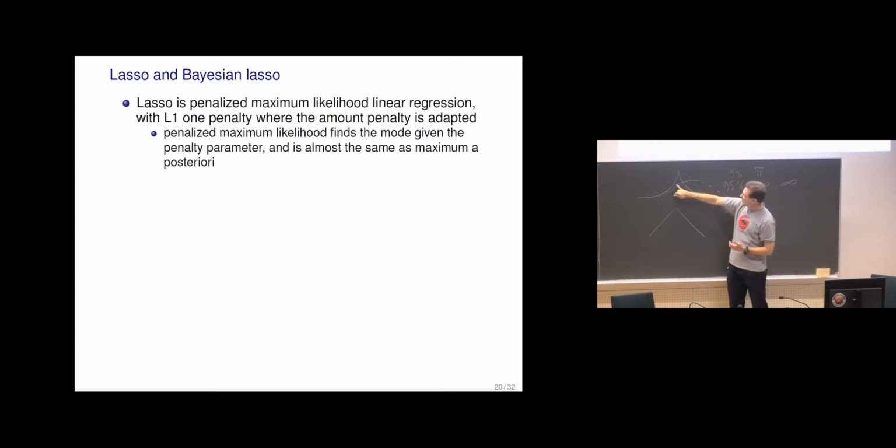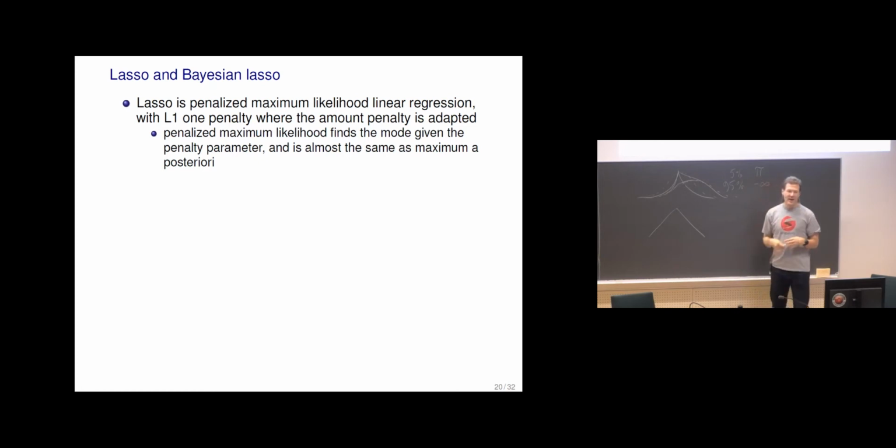It can have a slight bump here, but still the mode stays there. When the penalty is increased, correspondingly the prior gets narrower, and eventually there is a peak at 0, and then when we go to the mode, we get these exact zeros.